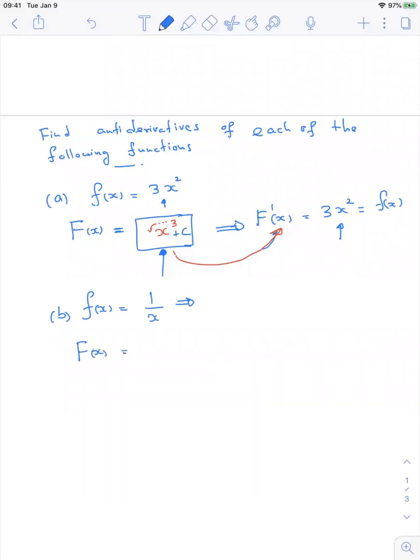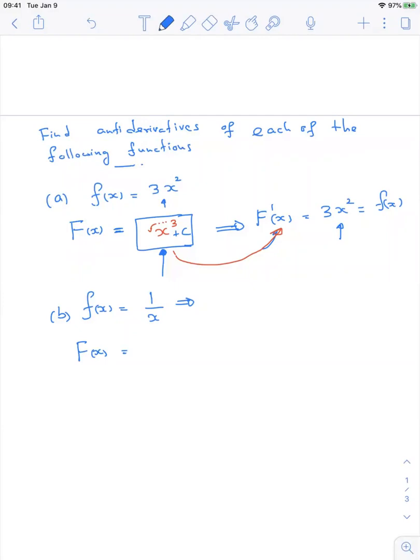Can anybody tell me the antiderivative of this function, or just mention it here? Maybe you don't remember the equations.